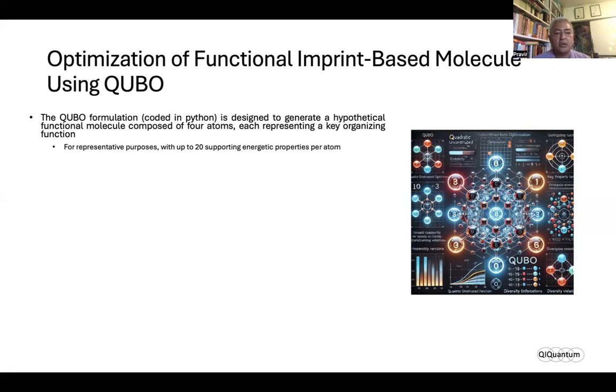So in this QUBO, I specified up to 20 supporting energetic imprints per atom.